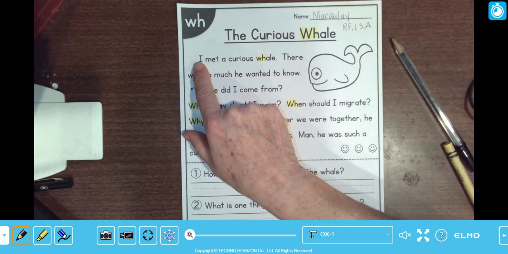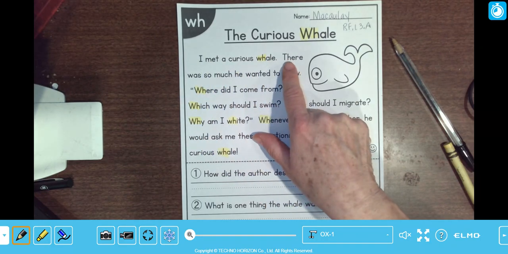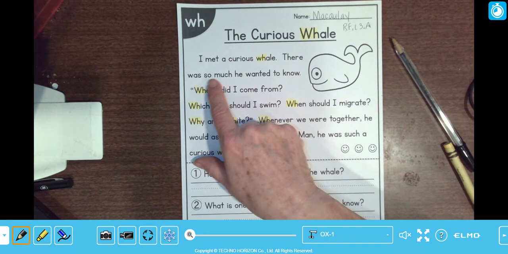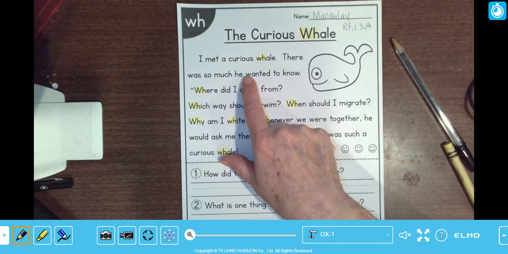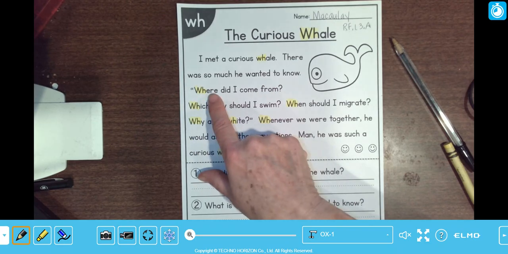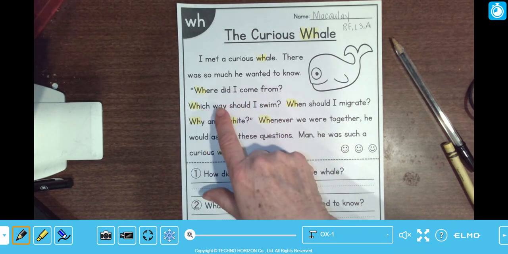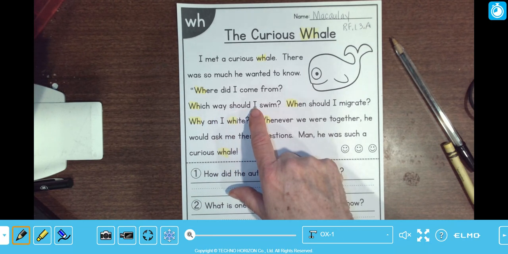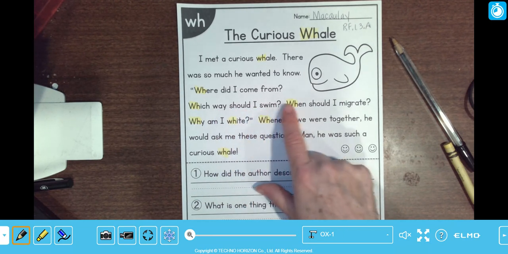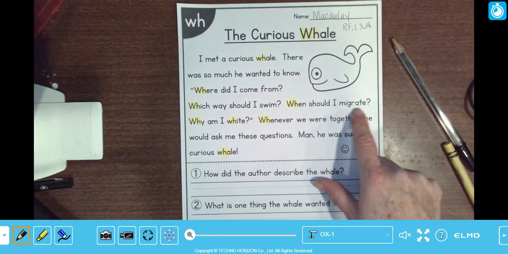Here we go. I met a curious whale. There was so much he wanted to know. Where did I come from? Which way should I swim? When should I migrate?